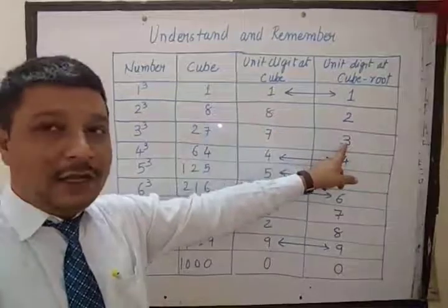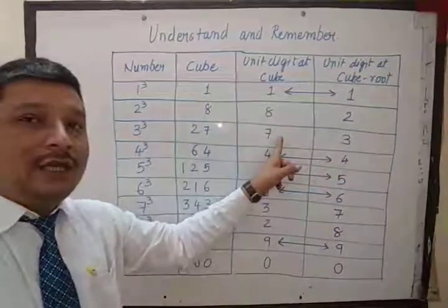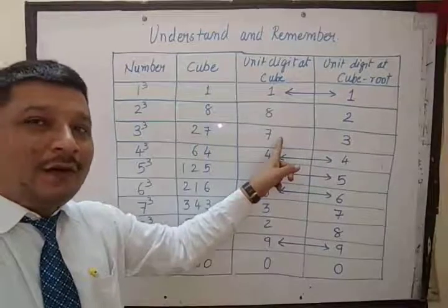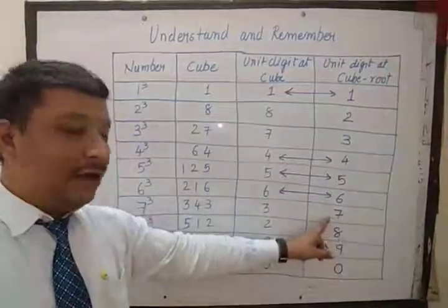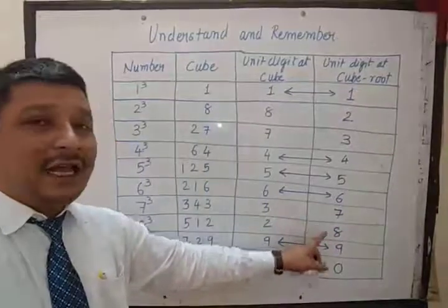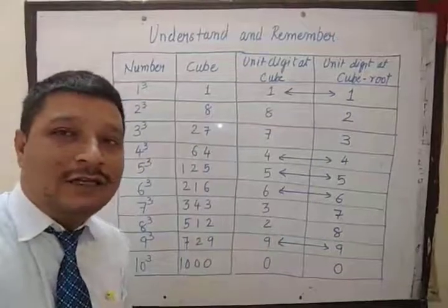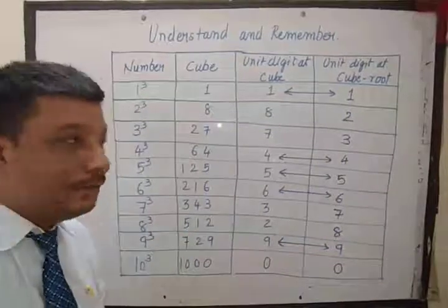If 3 is the unit place digit of the cube root, then 7 will be the cube unit place digit. Same way, vice versa. If 7 then 3, okay, and if 8 is the cube root, then the cube unit place digit will be 2.